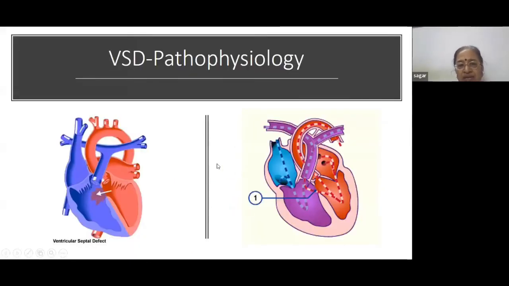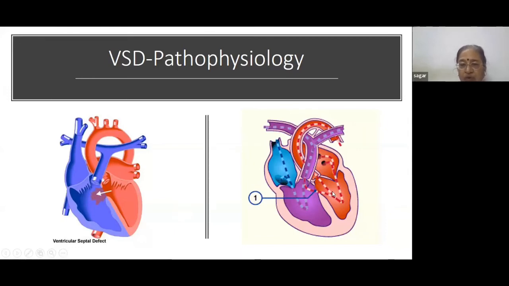So look at the VSD pathophysiology. It's a communication at the level of the ventricle from the LV to the RV. So let's look at what happens here. You have the communication here, and then through the communication, the blood comes to the RV, goes to the pulmonary circulation, comes back to the LA. So load is on the RV, pulmonary circulation, LA, and the LV, because it's receiving whatever it pumped out also coming back again. So it's getting a double dose.